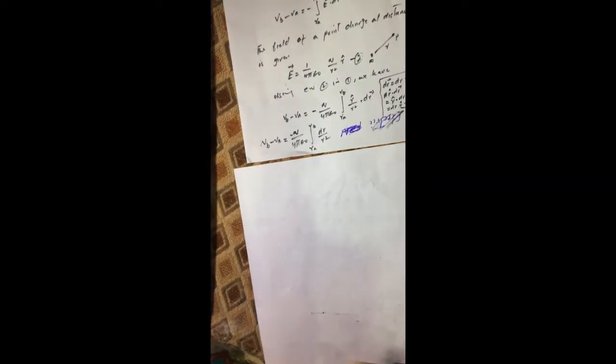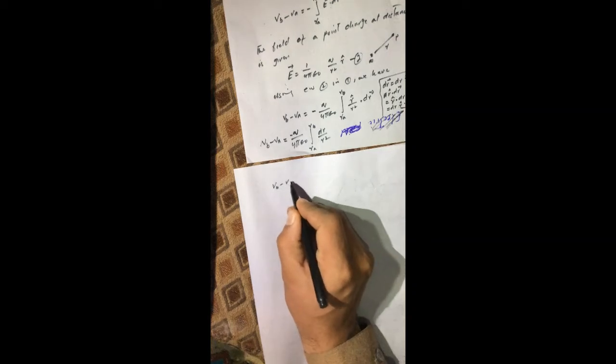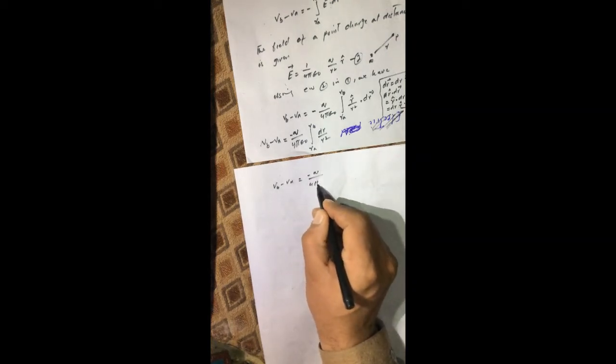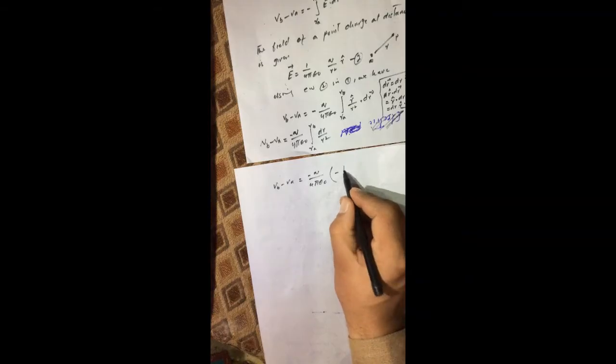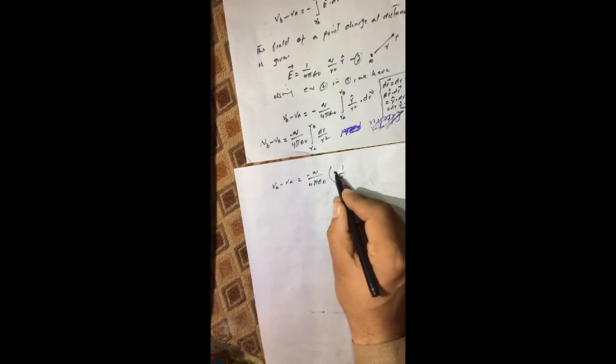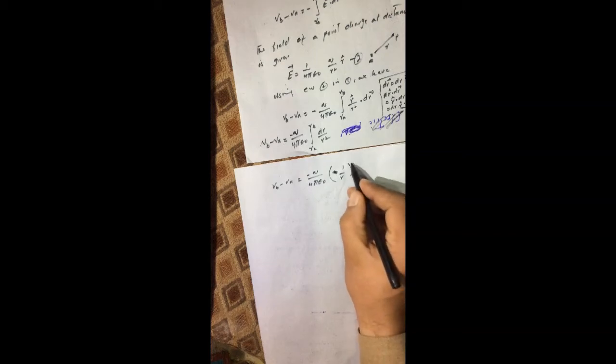Now if we solve this integral, then I get VB minus VA, which is equal to minus Q over 4 pi epsilon naught, and from this I will get 1 over r, and the limits are from RA to RB.